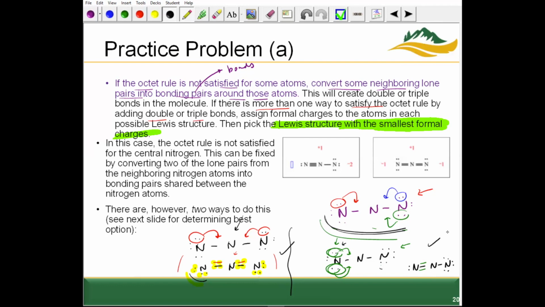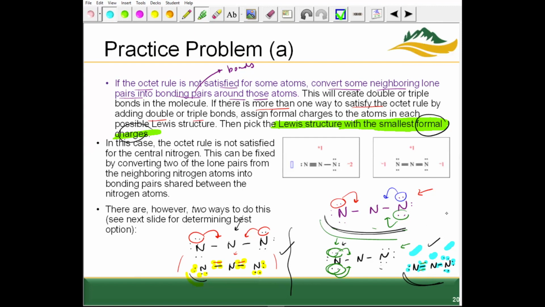Which one is better does come back to formal charge. We want to minimize the formal charges, and we'll go into that way more on the next topic. Before saying definitely with certainty that this is a viable structure, I needed to check the octet rule. 1 through 8 for this nitrogen, 1 through 8 for this one, then 1 through 8 for this one.